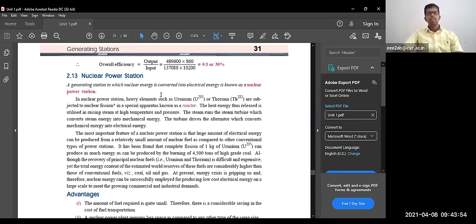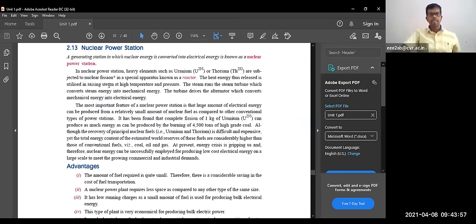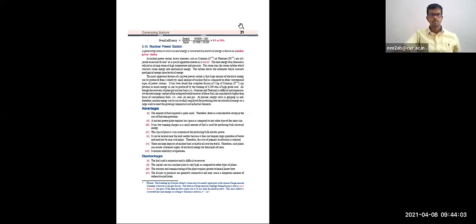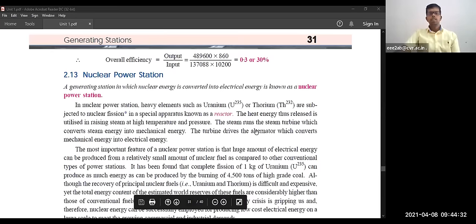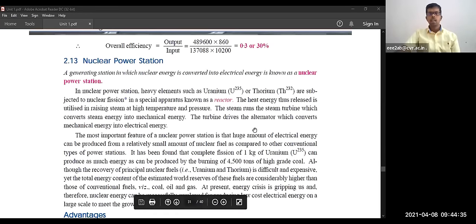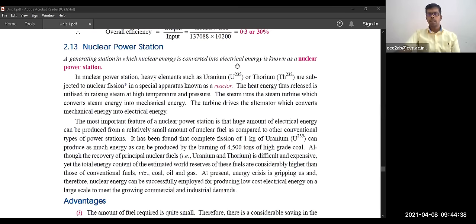So what is a nuclear power station? A generating station in which nuclear energy is converted into electrical energy.